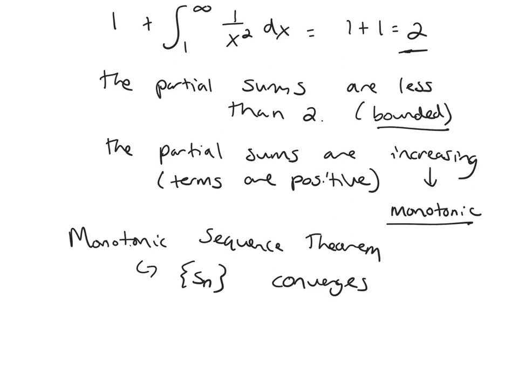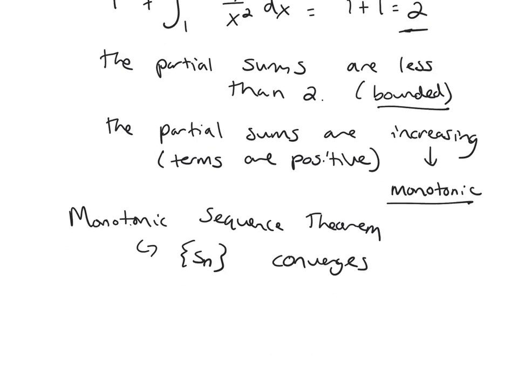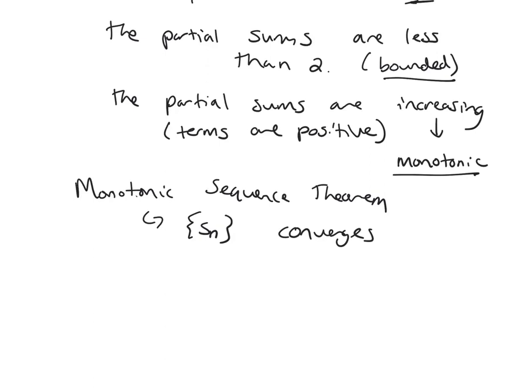If your partial sums converge, what happens to your series? Does it converge or diverge? Partial sums converge, so your series also converges. Okay? That's how we defined it. So this tells me that the series of 1 over n squared also converges.